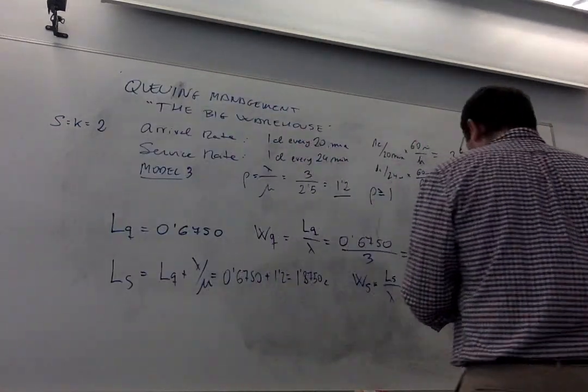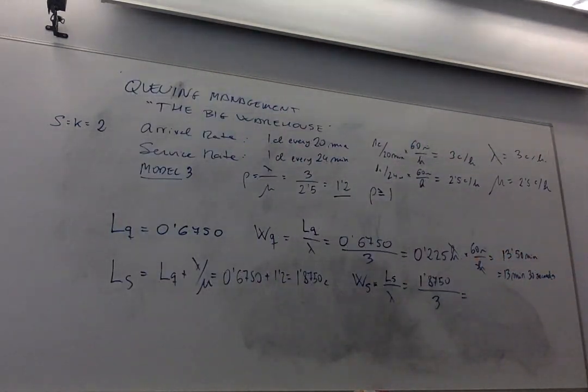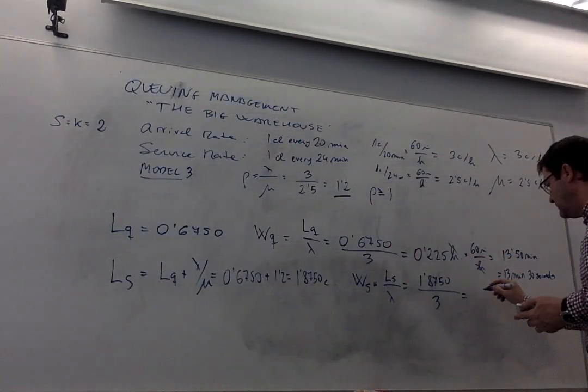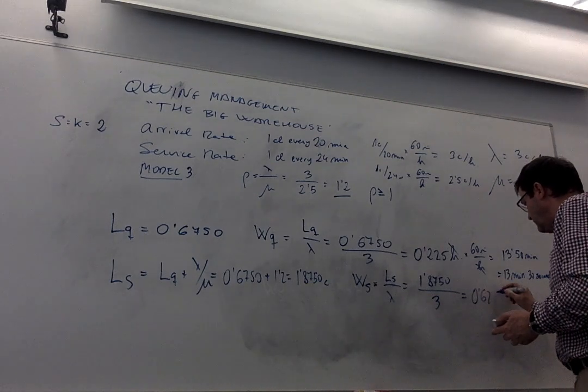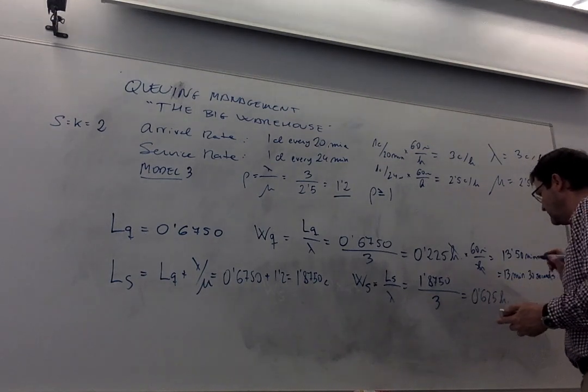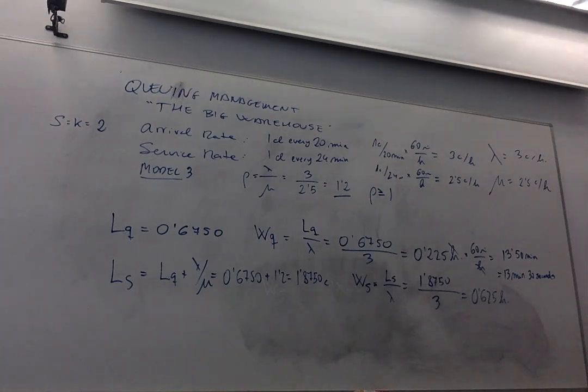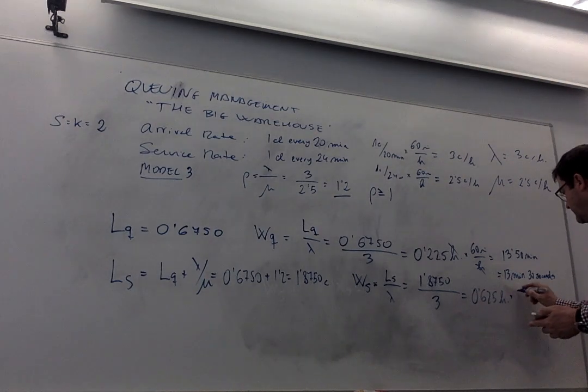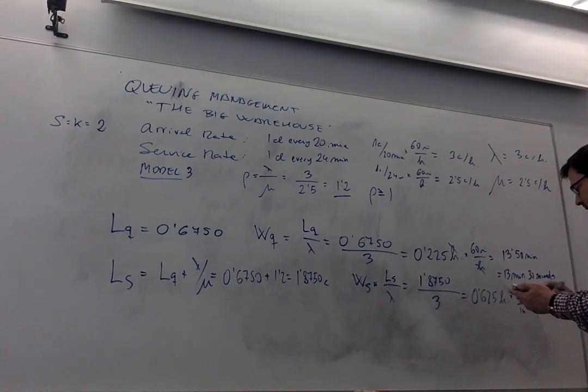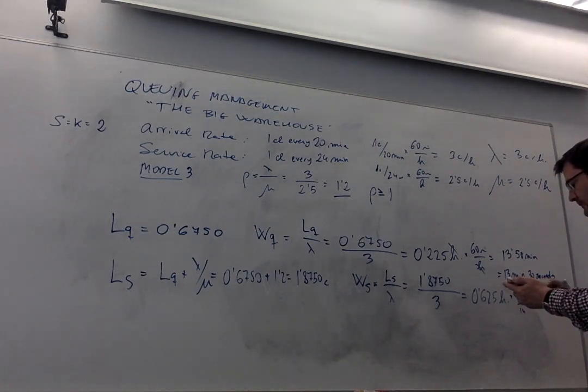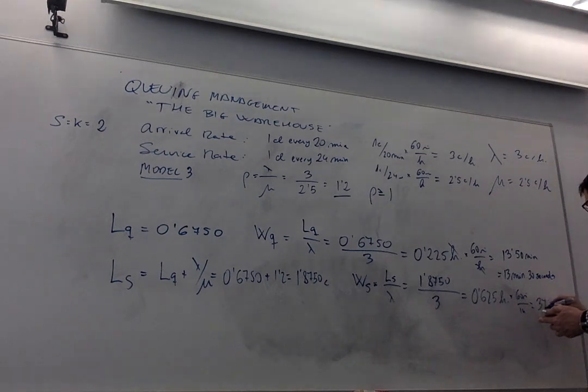Do it. 0.625 hours. This doesn't say so much. This is correct, but it doesn't say so much. We multiply this by 60 minutes per hour, and this will be 37 minutes and 30 seconds.